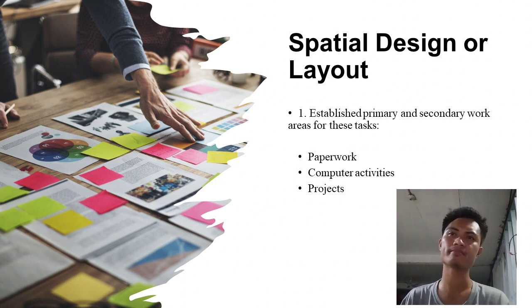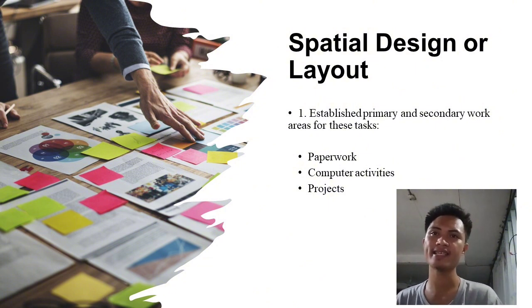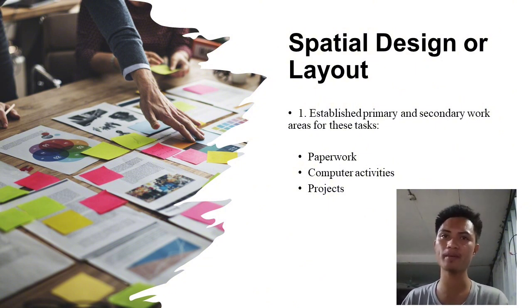Paperwork. A dedicated desk or workstation is typically the primary area for paperwork tasks. This desk should be equipped with essential tools such as a comfortable chair, ample desk space, and storage for documents and office supplies.